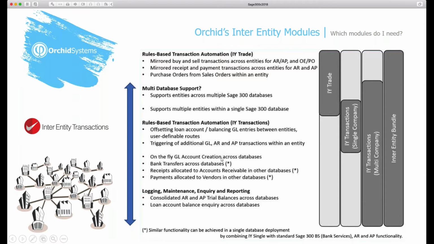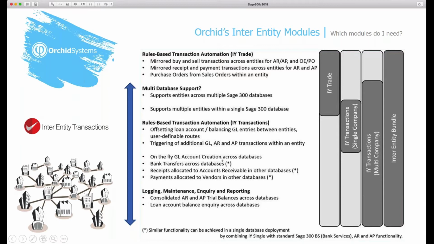So receipts, for example, company 1 may be receiving some dollars and is allocating those dollars against a debtor in company 2. That can all be dealt with one entry, and it will all flow through the related loan accounts. And payments as well. So one company or one entity may be paying an accounts payable invoice which is sitting in a different entity.